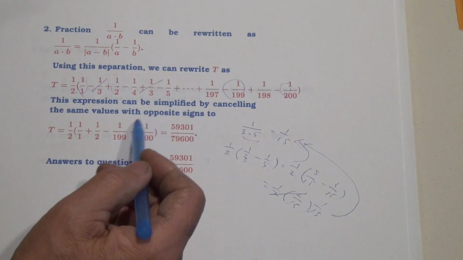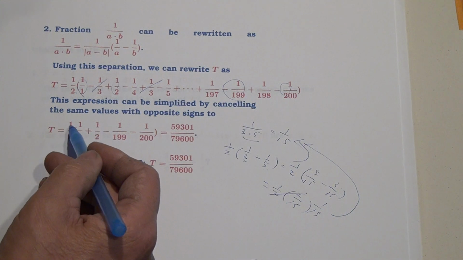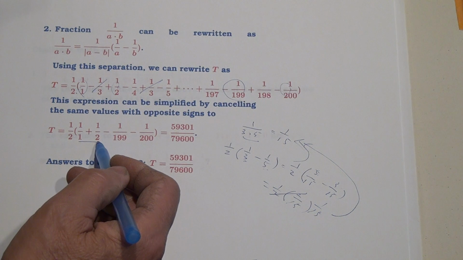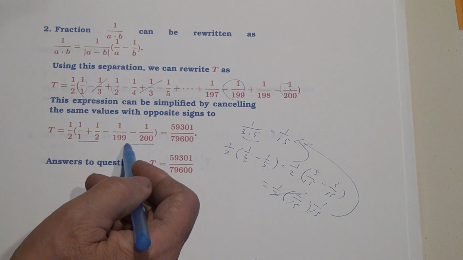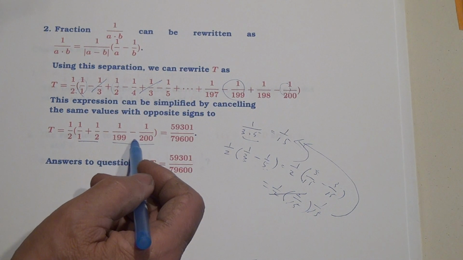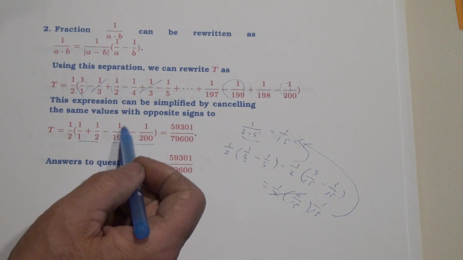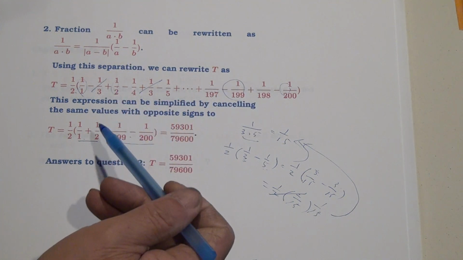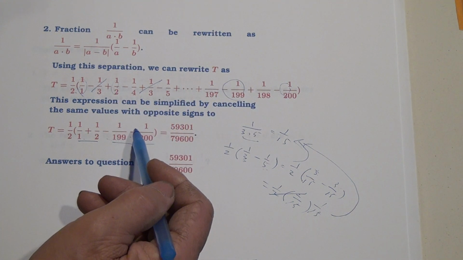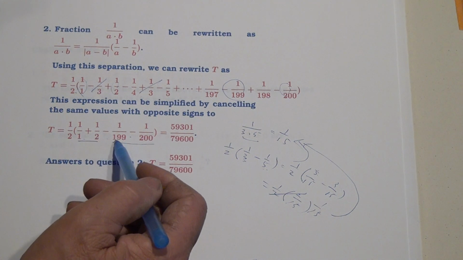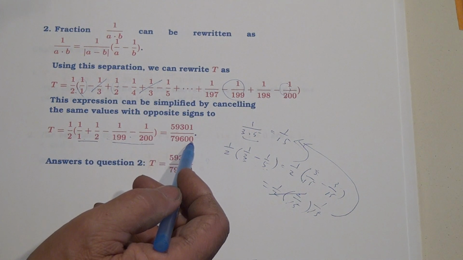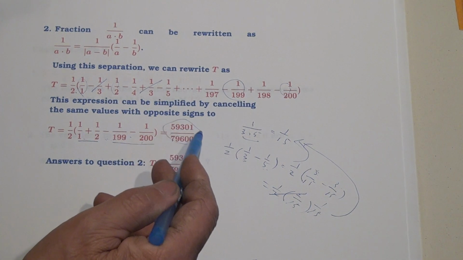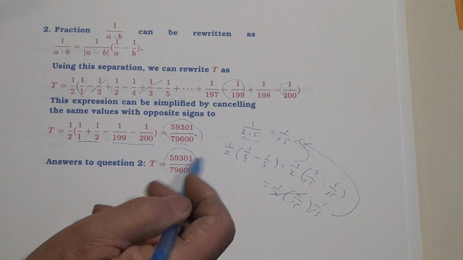So eventually for this question you have t equals 1 over 2 times (1 over 1 plus 1 over 2, the two at the first part, minus the two at the end with a negative sign). So you have only 4 fractions left. If not, you would have to write down 200 fractions with all different denominators. It's horrible. If you have only 4 numbers now, much better. Then you use a calculator to get the common denominator and calculate. This one will be the answer.